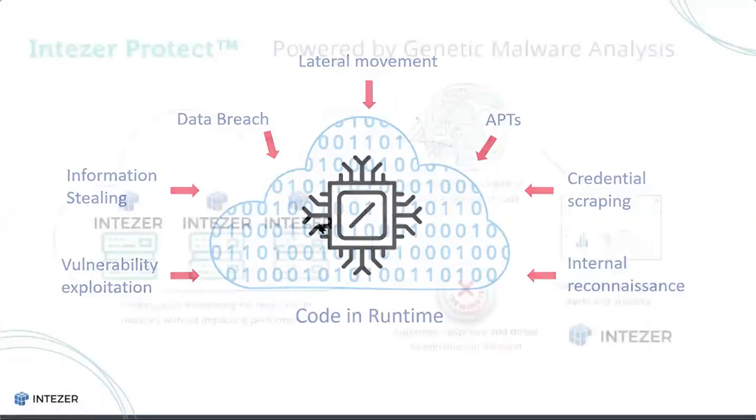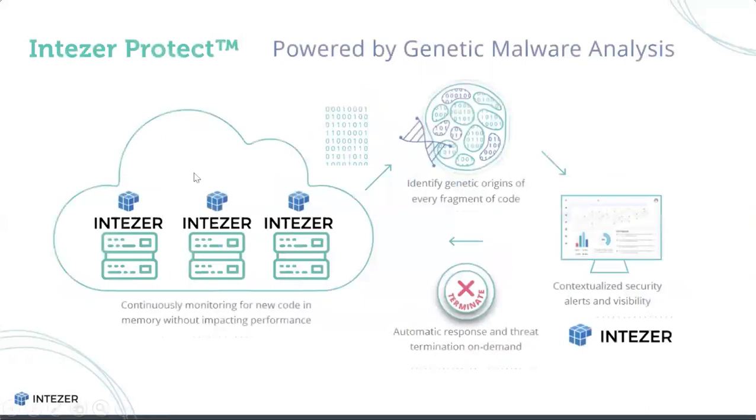The way the architecture of the system works is very simple. We have a sensor installed on any Linux machine, which is part of the cloud infrastructure, and it monitors every new code execution that is running on the machine.